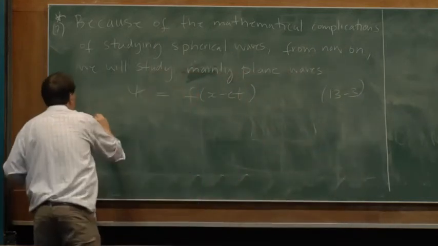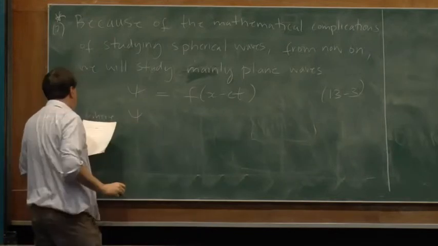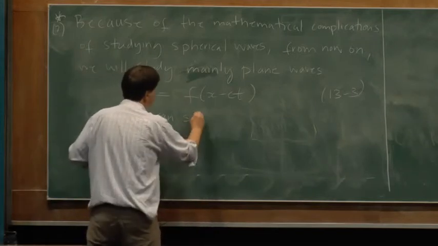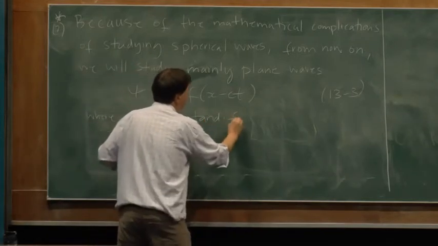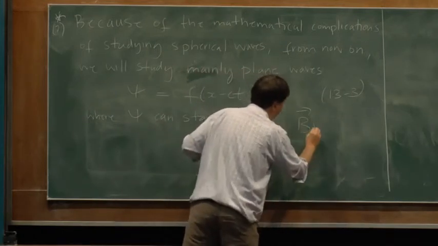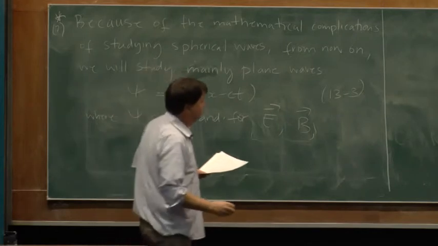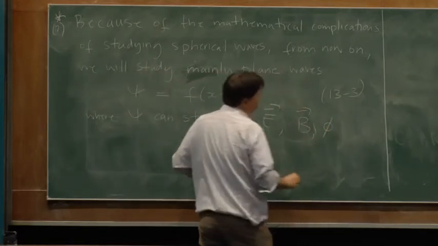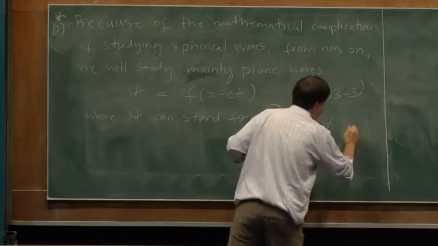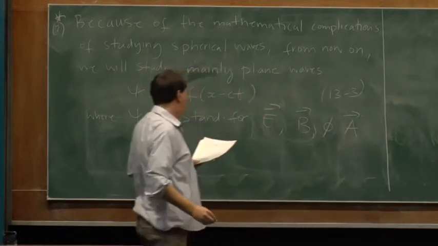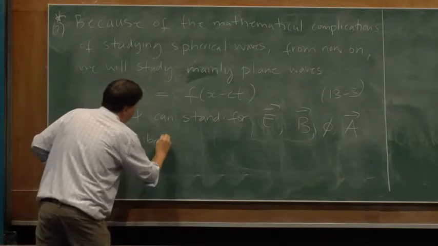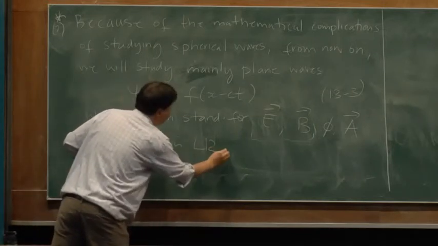And don't forget, psi, this was in lecture 12, but I'm going to restate it because it's very important. It can stand for any component of the E field, any component of the B field, and in the Lorentz gauge, where the equations for phi and A separate, it can stand for any component of these, as described in lecture 12.